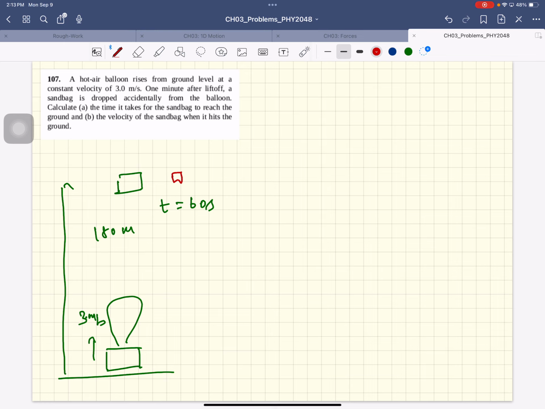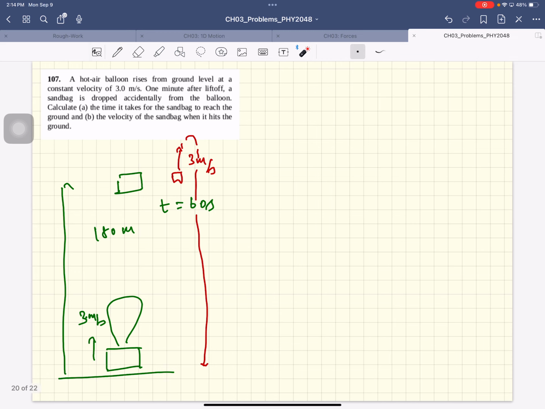Okay, so let's say you're driving on I-95 at 80 miles an hour. You roll down your window and drop an apple. So in this case, it would be 3 meters per second. Very good. So you drop it, it's moving at 3 meters per second, and so the sandbag will rise up and then fall down.